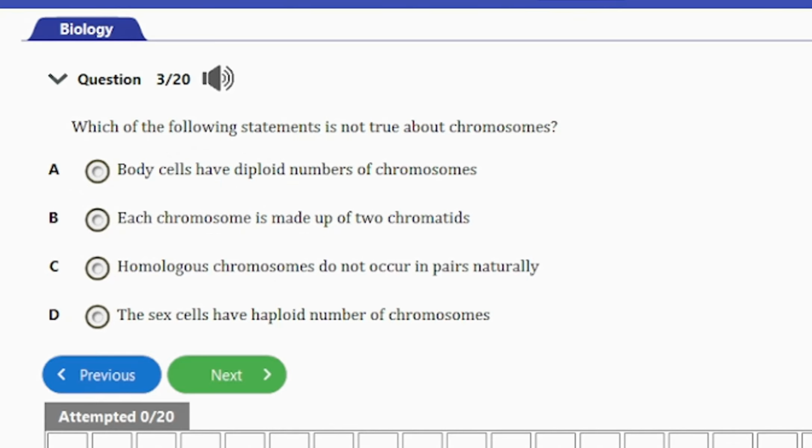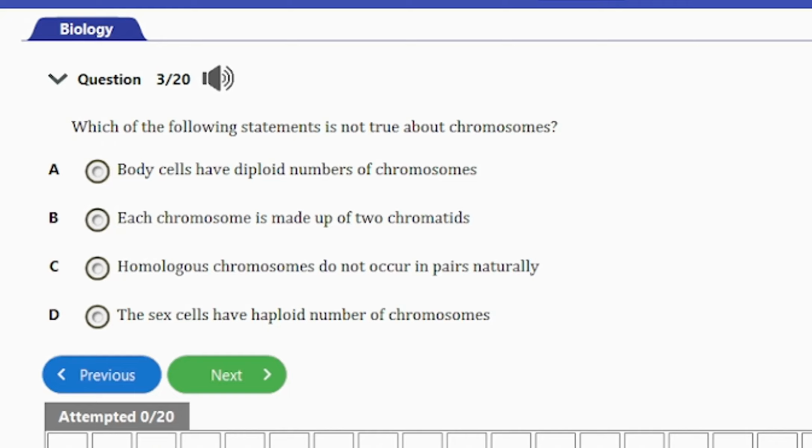Question number 3 here. It says, which of the following statements is not true about chromosomes? A. Body cells have diploid number of chromosomes. B. Each chromosome is made up of 2 chromatids. C. Homologous chromosomes do not occur in pairs naturally. And then D. The sex cells have haploid number of chromosomes.